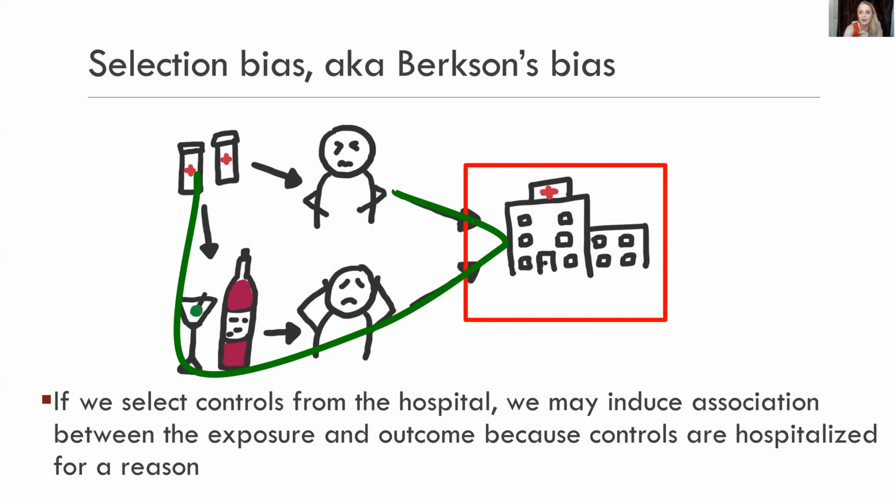That's now an open collider back to the other medical condition, whatever the cause of that medical condition was, which here, say it's people who've shown up for dehydration. They're dehydrated because they were drinking, and they're drinking because they're less likely to be taking this medication, which has advice not to drink. If that's true, then even if this medication has nothing to do with the outcome that we're primarily interested in, we may see a relationship due to this selection bias.